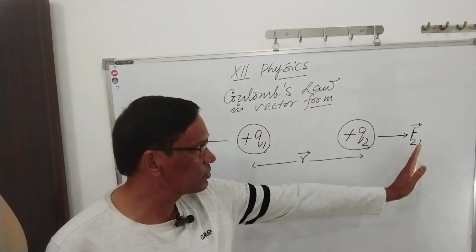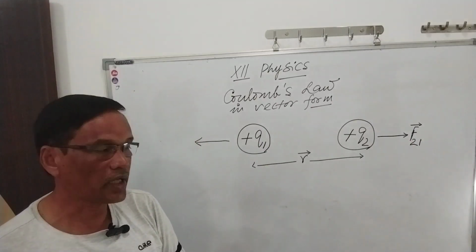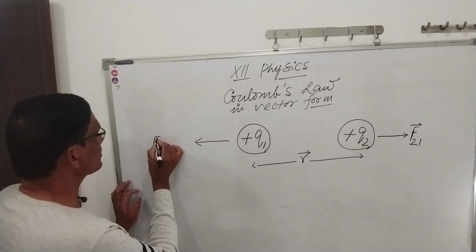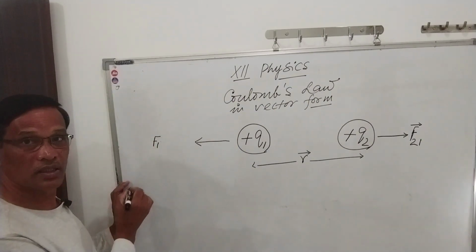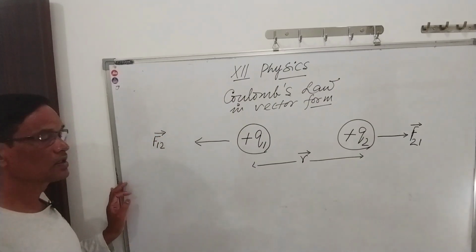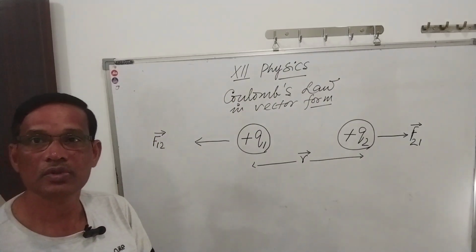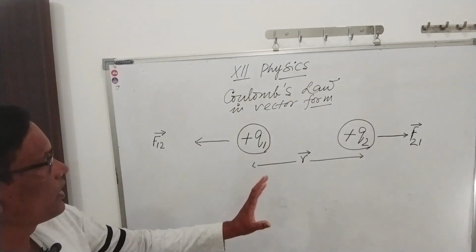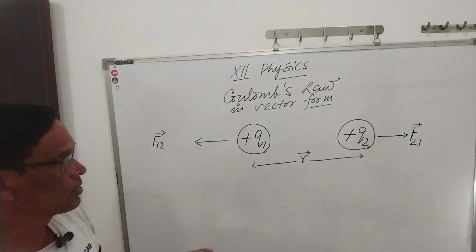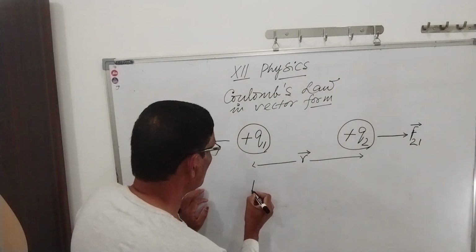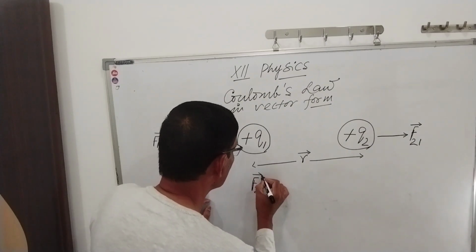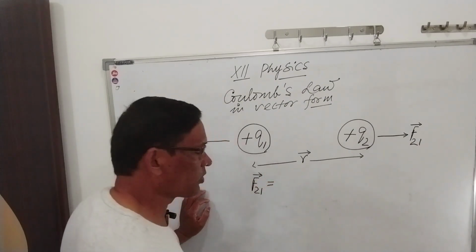And this will be the force on 1 due to 2. So when you write the force on 2 due to 1, this is in the vector form.